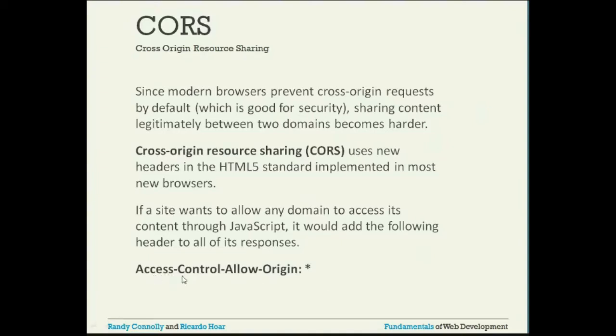That is Access-Control-Allow-Origin: asterisk. So if you do it like this, any site which wants to access the content through JavaScript will be allowed. But the asterisk means you are allowing any site to come in and run JavaScript, which is not a very good idea.